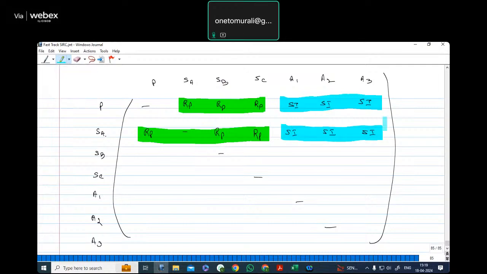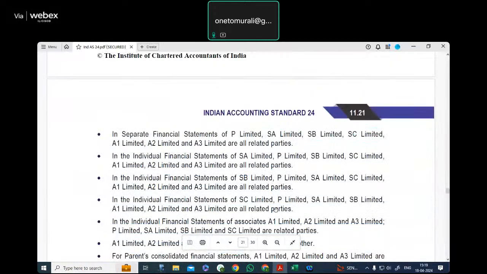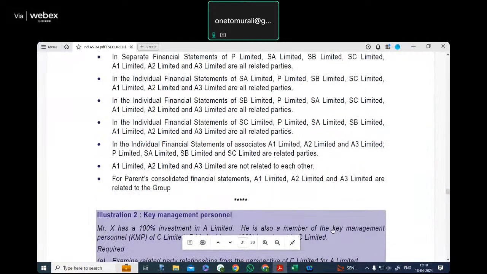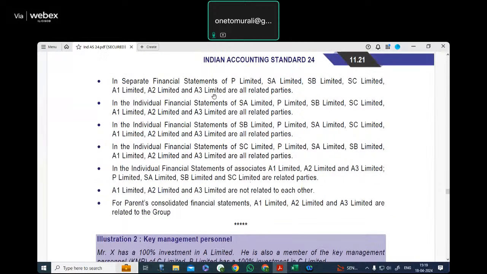So instead of answering the question this way, if you put them in the form of a matrix, you will be in a position to take them together. Now, when we talk about the books of P Limited, SA, SB, SC, and the individual statements of A1, A2, A3, P Limited and SA Limited are all related parties.